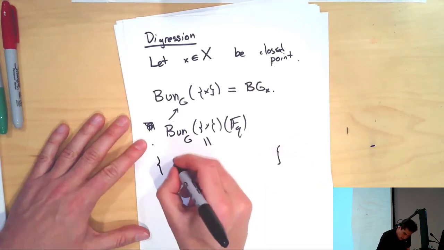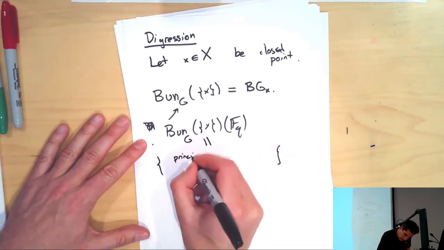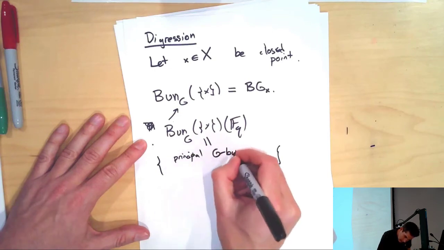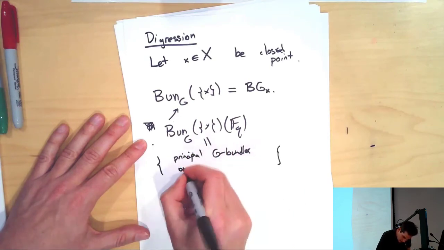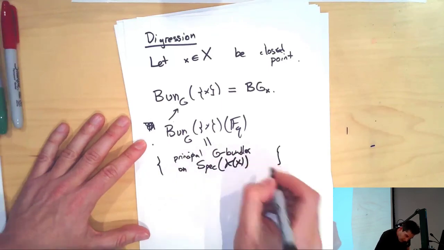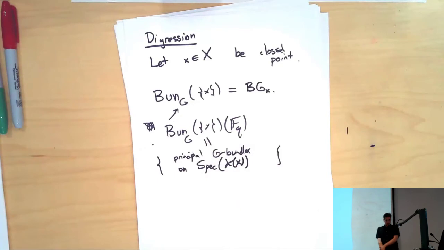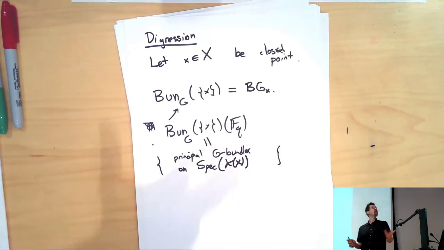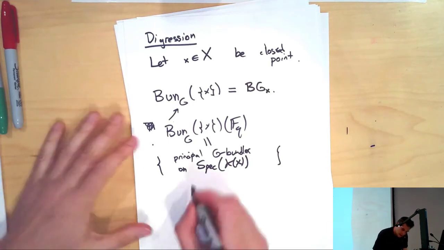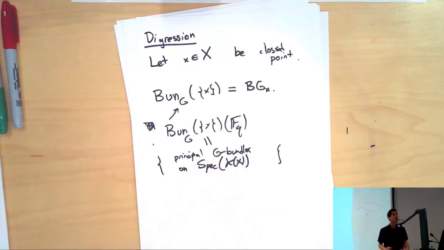This is the category of principal G-bundles on just the affine scheme, which is the spectrum of the finite field kappa x. Now, there's a theorem of Lang that says that as long as the fibers of G are connected, this category of principal G-bundles has only one object: every principal G-bundle over a finite field is automatically trivial.